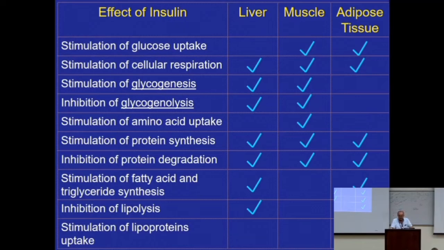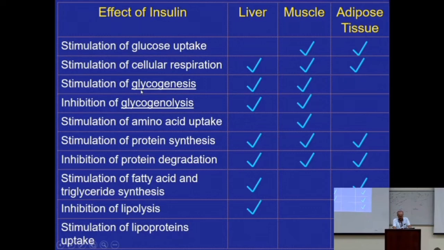Because most of the catabolic pathways that produce energy, like glycolysis, PDH and TCA, produce NADH and FADH2. And you need to take those high energy molecules and oxidize them through the electron transport chain to produce ATP. So as a general rule, insulin is going to stimulate cellular respiration, production of those high energy molecules and their eventual production of ATP.